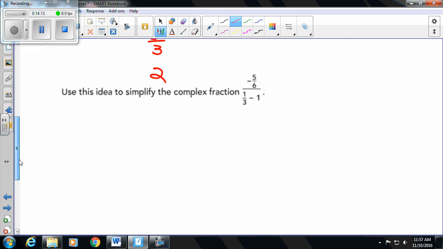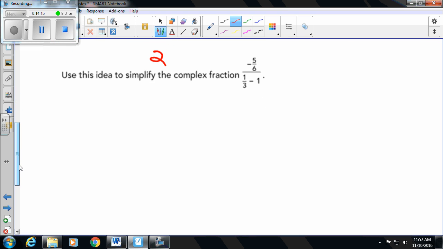And here we go on to our last one. So we want to use that concept to simplify this complex fraction. So I have negative 5/6 all over 1/3 minus 1. Order of operations tells me I have to take care of this denominator first, 1/3 minus 1. I can't just dump the negative 5/6.